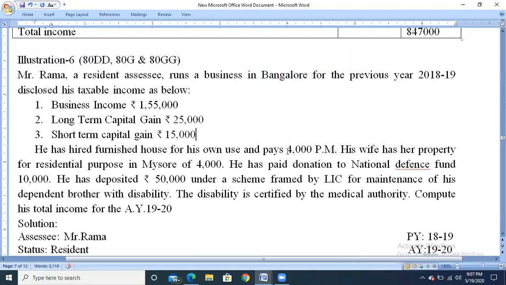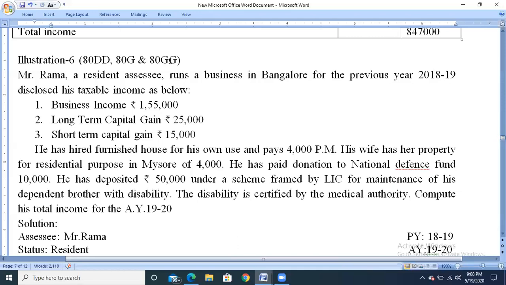So the condition says that whenever the assessee is staying in a rented house property in the place where he is paying the rent, without getting the benefit of HRA, and he does not have his own house property in that place, then he can claim the exemption under section 80GG.